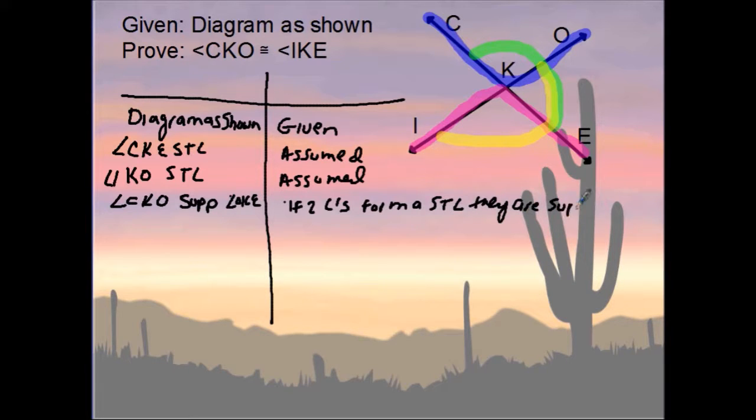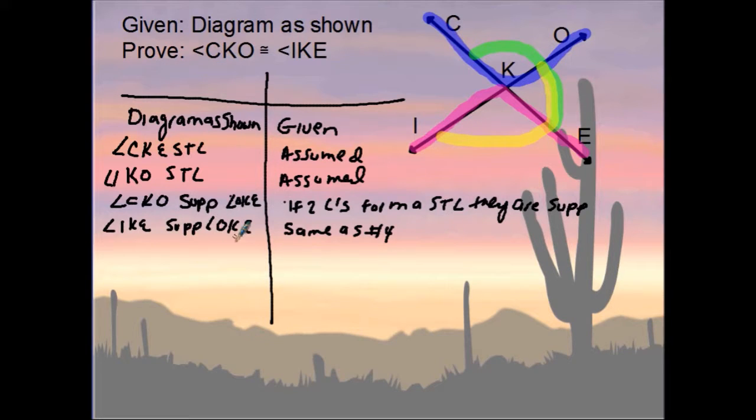Now, let's do the same thing the other way. Let's say angle IKE is supplementary, again, to angle OKE. For our reason, we can say the same as number 4, because that was the step that we were on. Now, what I see here is two different angles that are supplementary to the exact same angle.